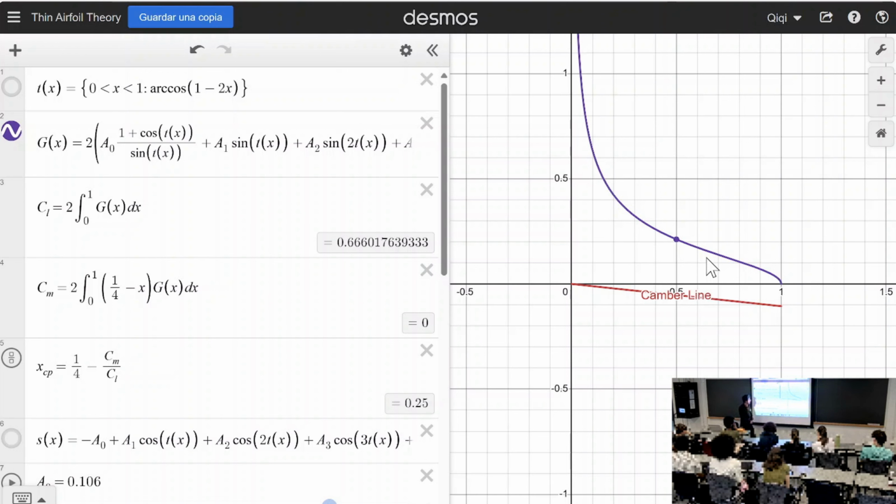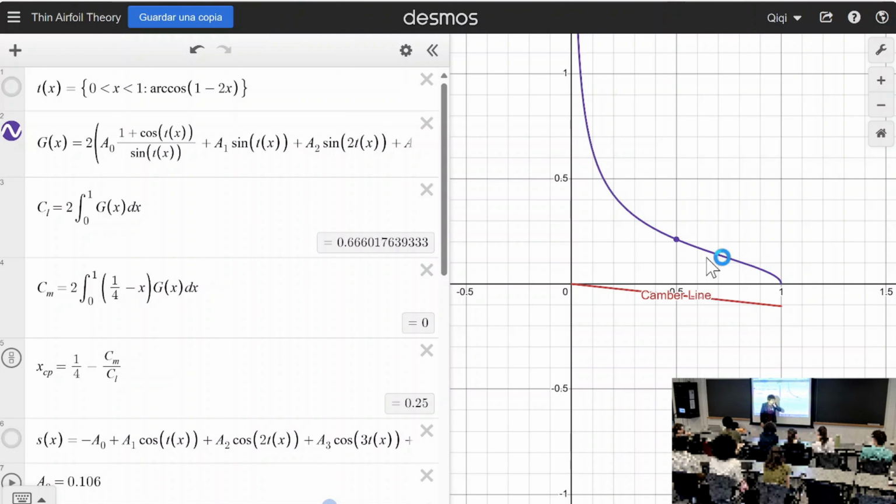What you're going to see in reality is that the thinner the airfoil is, the higher the peak goes, but never infinity. If you have a thick airfoil, maybe it comes down over here. If you have a thinner airfoil, it comes down over here. But thin airfoil theory, if you just stick to the theory, goes to infinity.